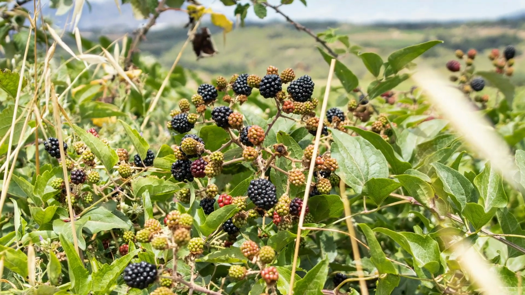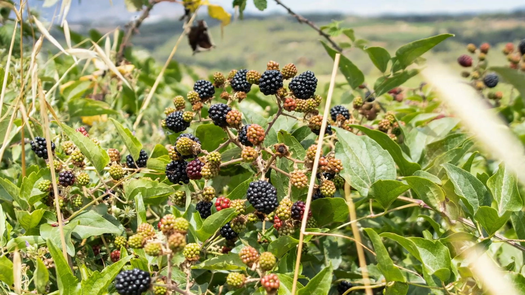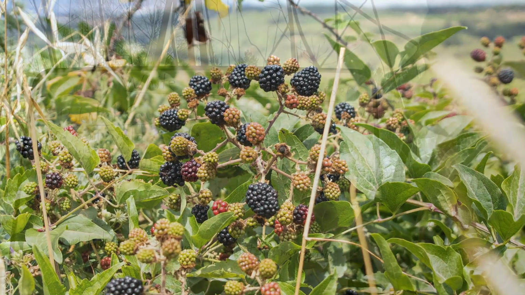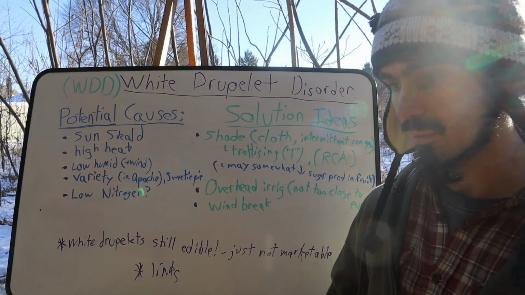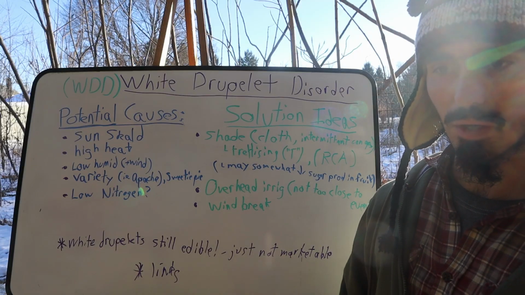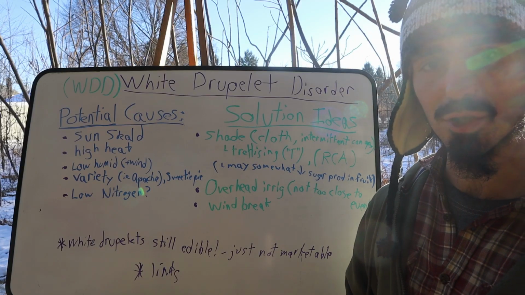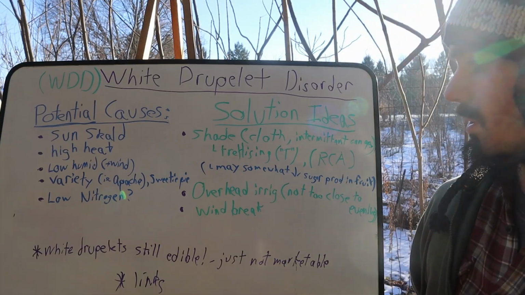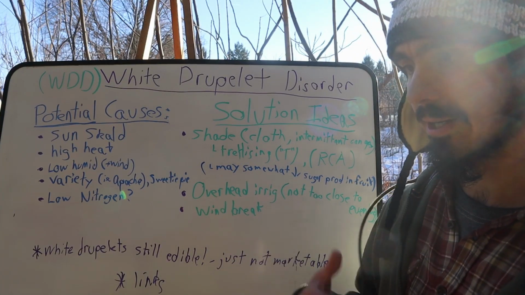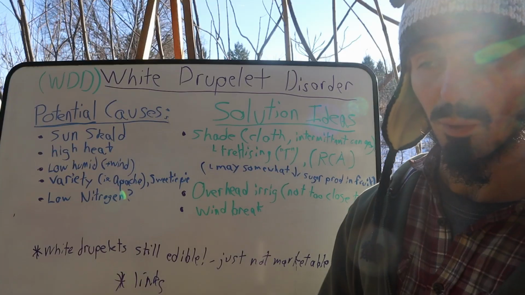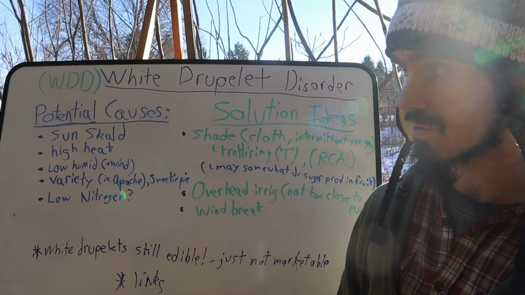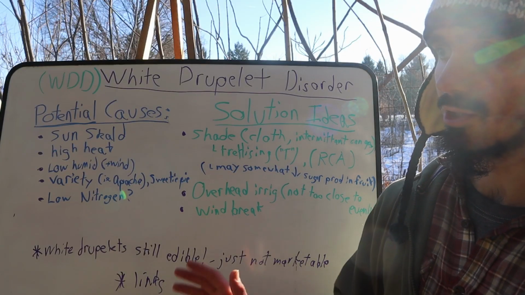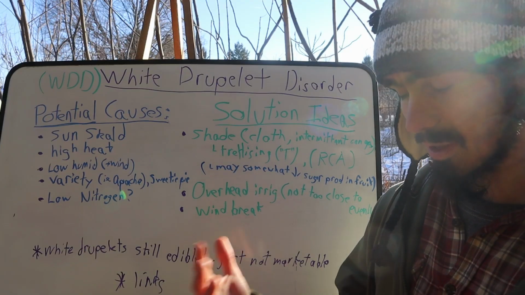But we of course want to make sure that we're not irrigating too close to evening, especially if it's overhead, because that water will be cast on the leaves, right? And that could cause some fungal or microbial issues for the plants if they're going to be wet over the night. But overall, it's important to make sure that the plants are getting a good amount of water. Of course, you don't want to give them too much water either, because that may also decrease the sugar levels in the fruit, right? It may dilute them.